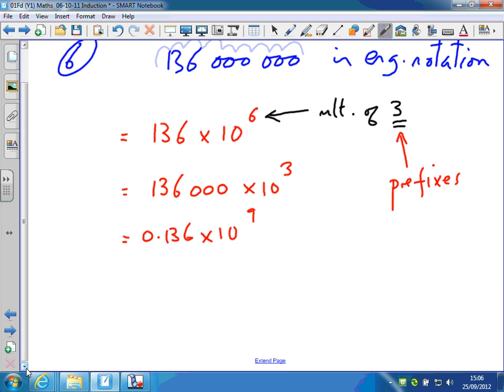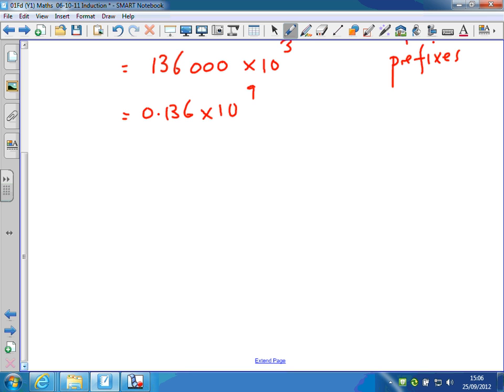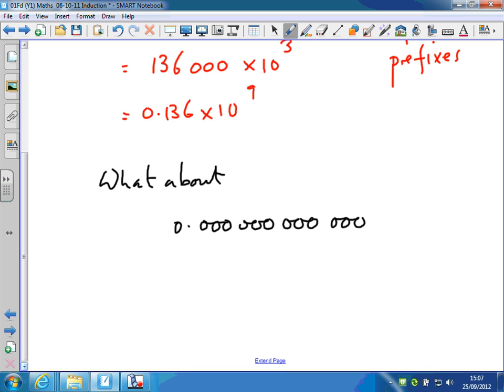For small numbers, what about 196 times 10 to the minus 18?